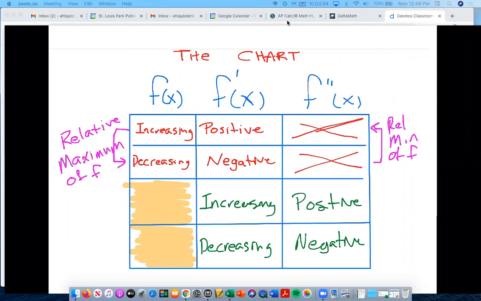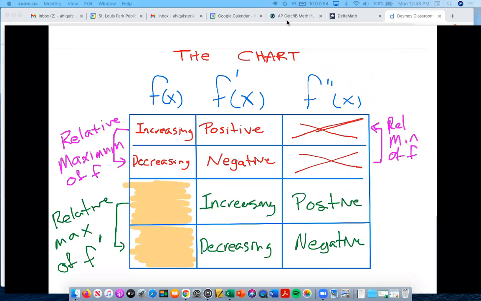for the function. But for today's work, what you need to know is if you're going from here to here, there is a relative maximum of F prime.